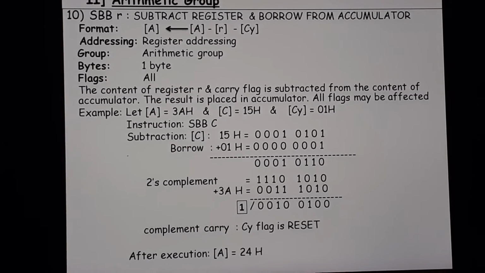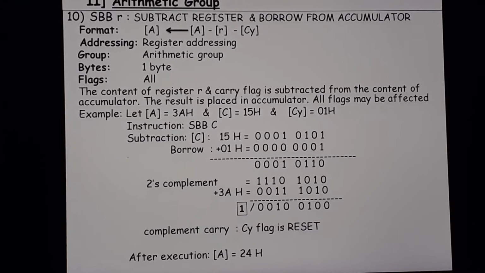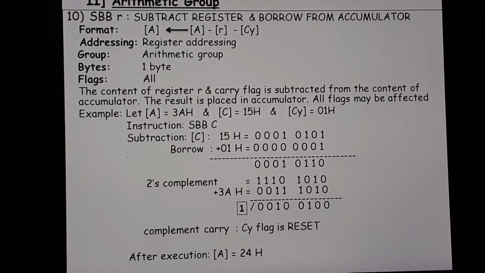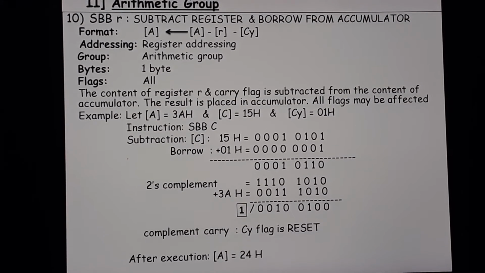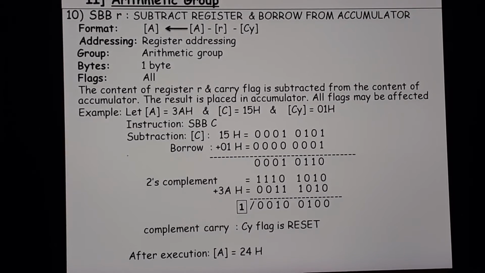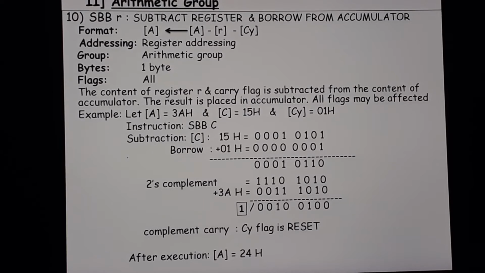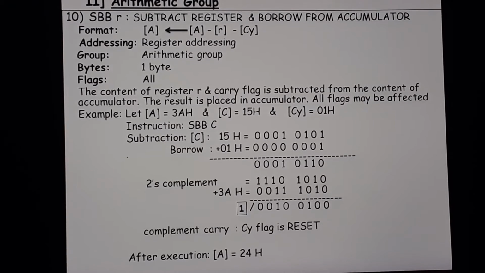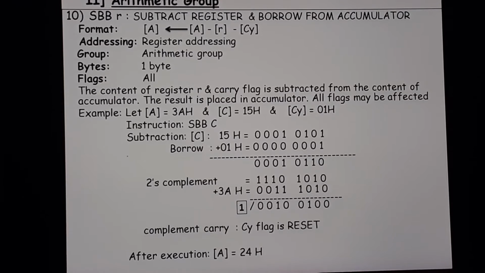Here, since in this instruction we have a register, we'll take the 2's complement of the register C that we have assumed. So 15H is my data that I have assumed for register C, and now I'll take the 2's complement of 15H.